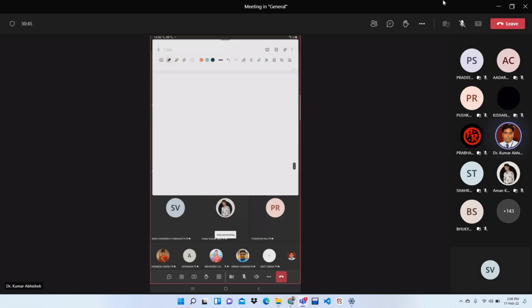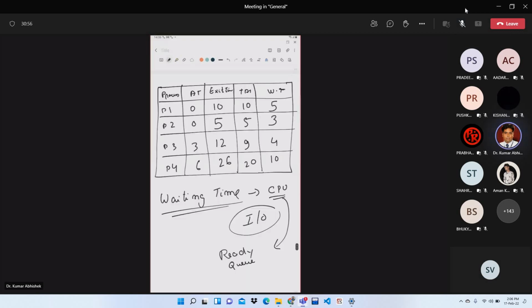Okay, so waiting time is nothing but the amount of time spent by the process to get to the CPU. Okay. So we will be only considering the CPU burst time, not the IO time.